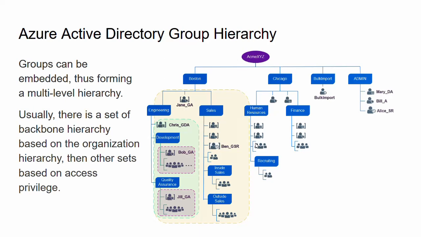But then outside of this backbone hierarchy, usually you will also have other sets of small hierarchies. Those hierarchies are similar to tags, in that they go across different organization groups to link people together. For example, if each department has someone who belongs to a certain office, right?